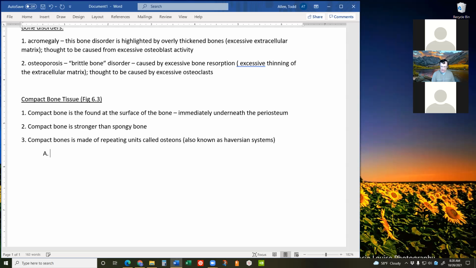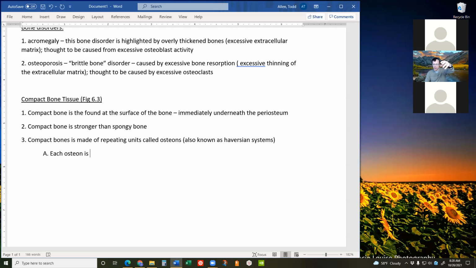Let's take a look at the structure of the osteon that you see in figure 6.3. Many of you may have been studying this as you've been identifying the characteristics of bone tissue for your lab, in the histology packet. Each osteon is made of concentric bands of material called lamellae.